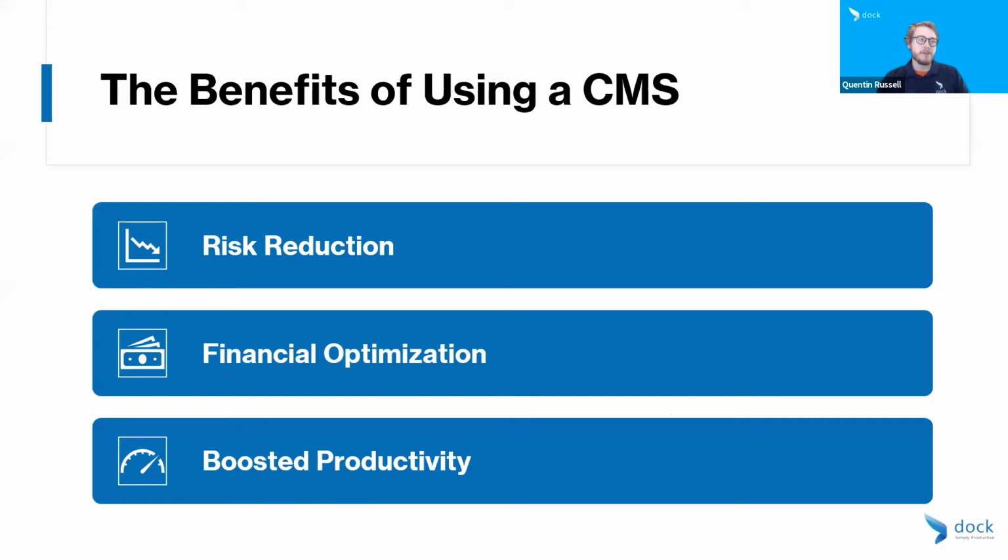The first one is risk reduction. So according to Aberdeen, compliance management is improved 55% with a contract management system. Being able to demonstrate compliance basically depends on you being able to build traceable audit trails and compliance monitoring.